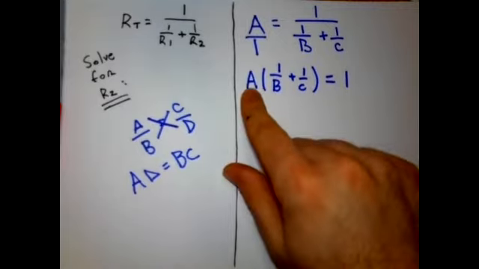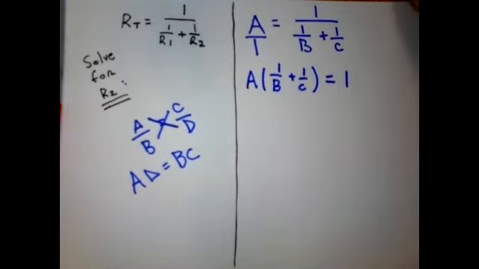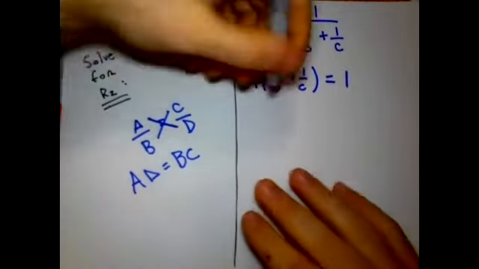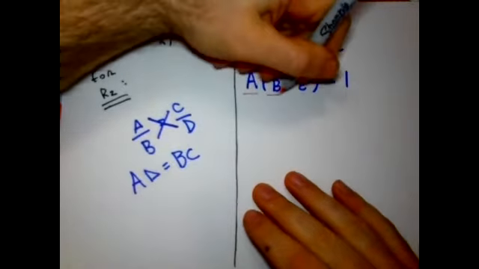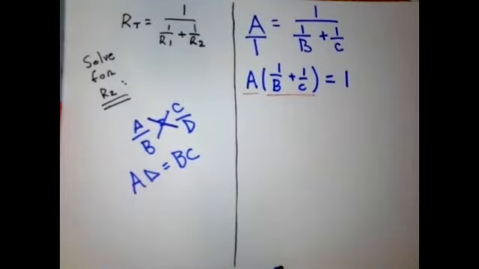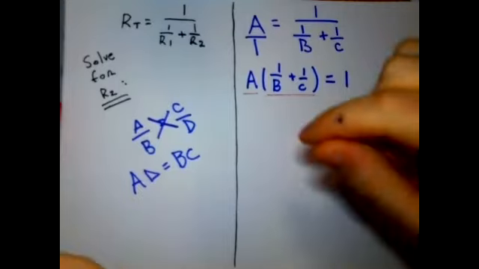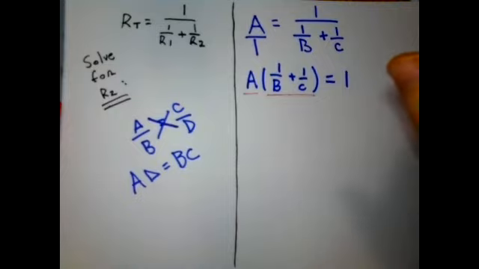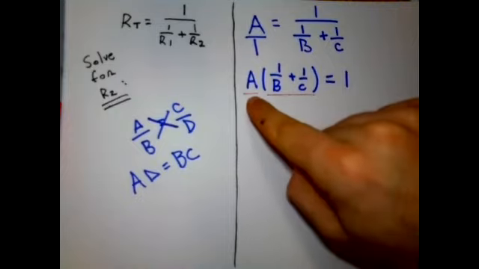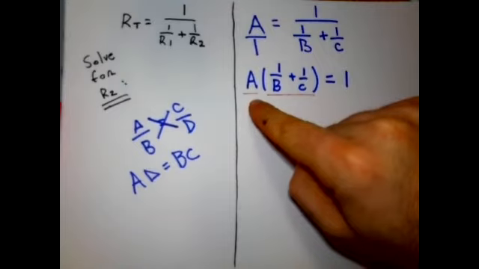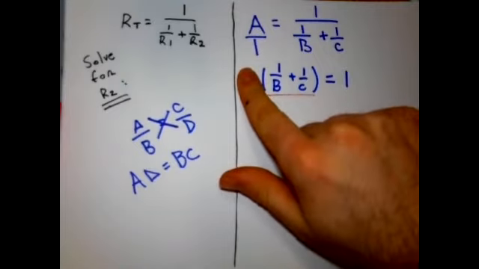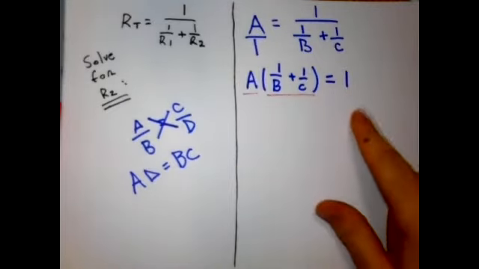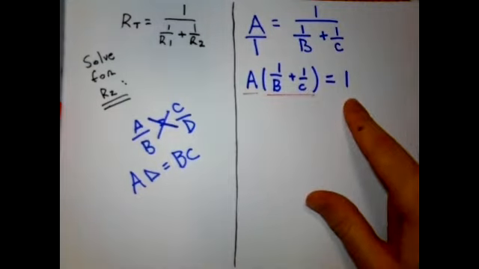Just thing 1, thing 2, and the two things are being multiplied. The opposite of multiply is divide, so I want to divide both sides by A. That gets rid of it over here, and tosses it underneath over there. Still good?